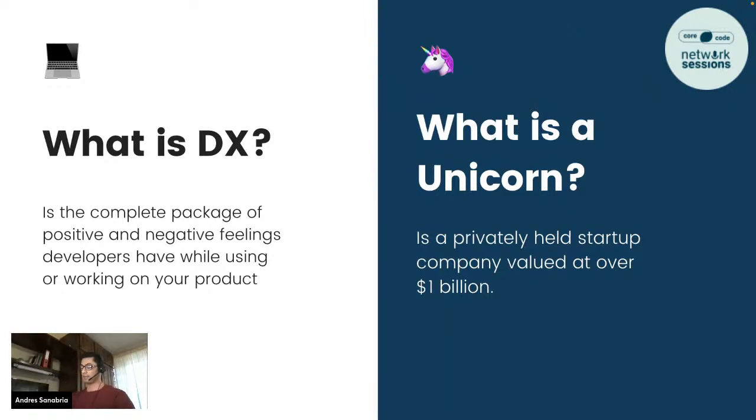It is called a unicorn because it is really strange in the market. It doesn't happen every day. If you see statistics, 99% of startups die, and that's a hard truth.